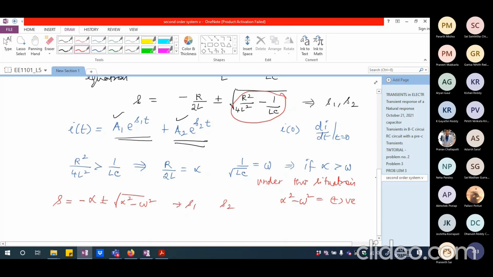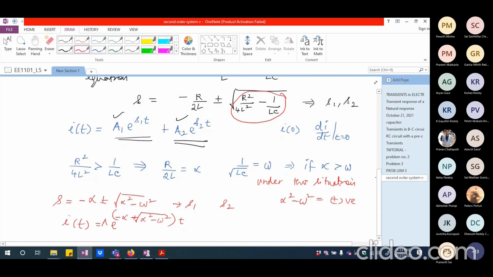Okay. So I'm going to get the solution as I of t equal to e power whatever minus alpha plus or minus square root of, not plus or minus, I'm going to use the plus first and the minus next. So I'm going to say minus alpha plus square root of alpha square minus omega square multiplied by t.